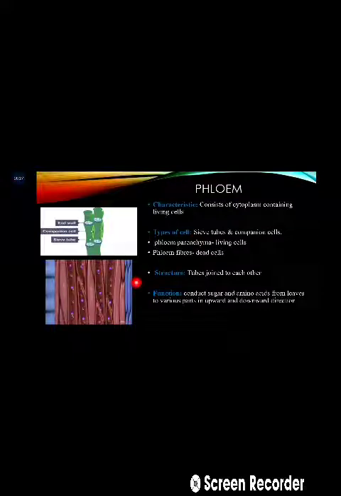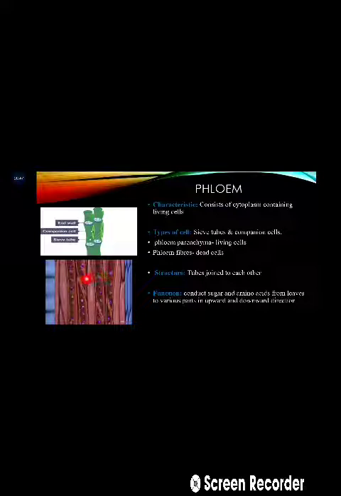You can just observe over here. These are the sieve plate. These are the sieve tube. This is the companion cell, the sclerenchyma cell, and the parenchyma cell. So this is the structure of phloem.